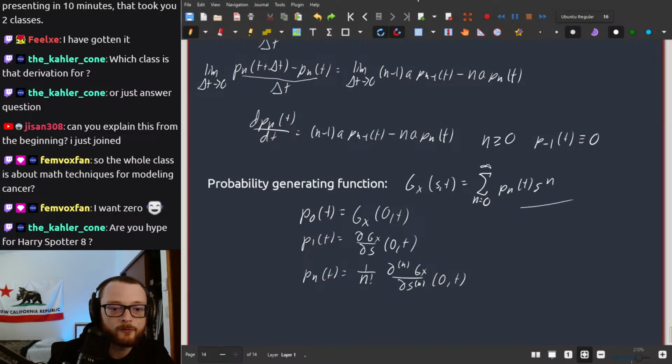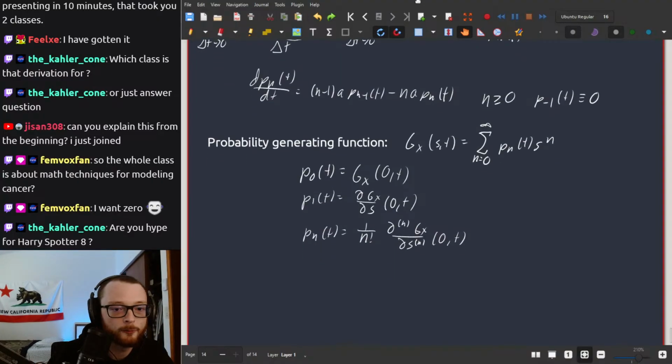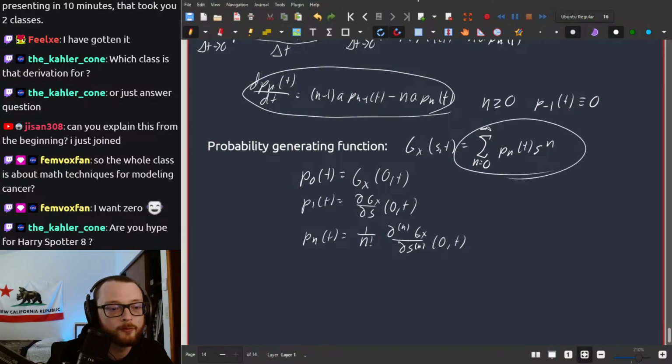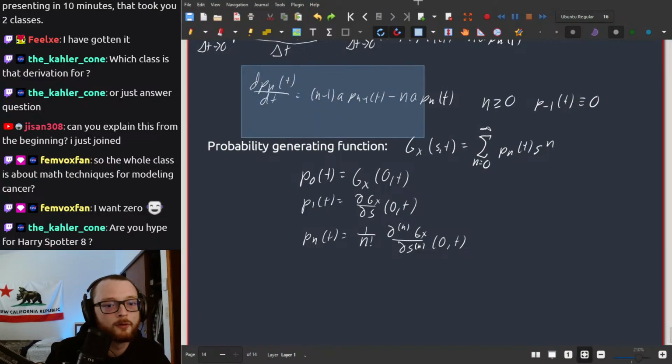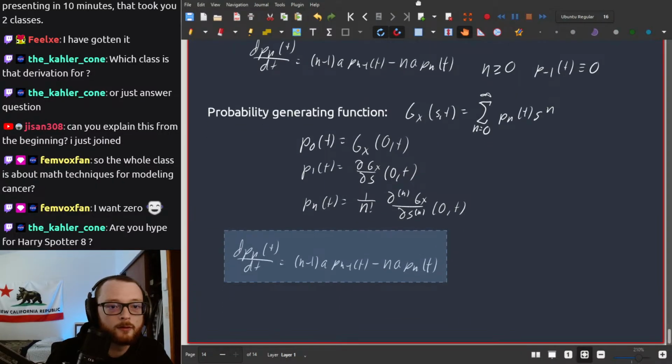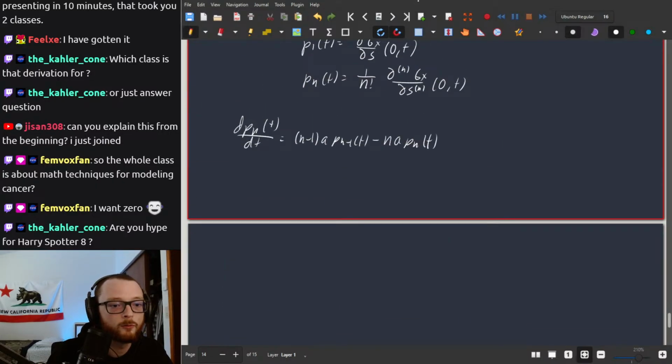So we want to use this generating function to do something helpful. We're going to take this differential equation and make it look like this. What I'm going to do is multiply each side by s to the n, and then sum all these different equations over n.